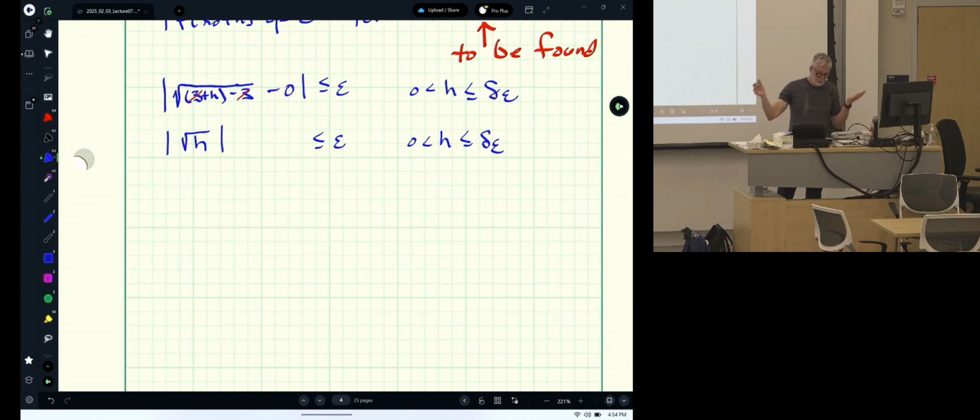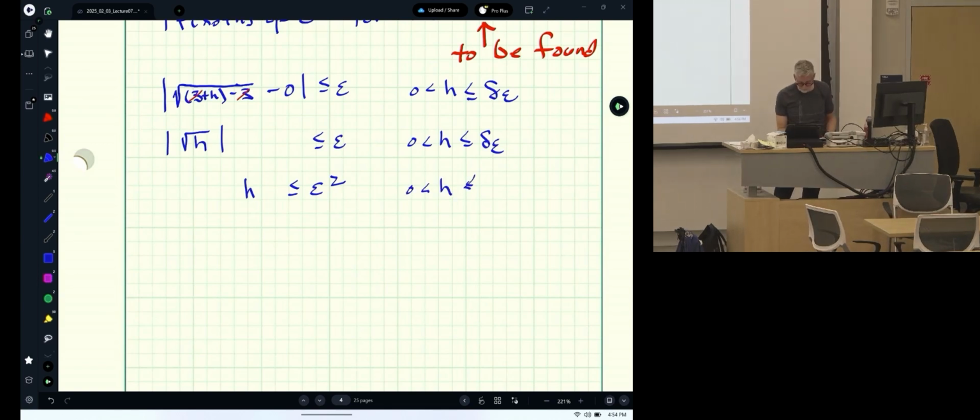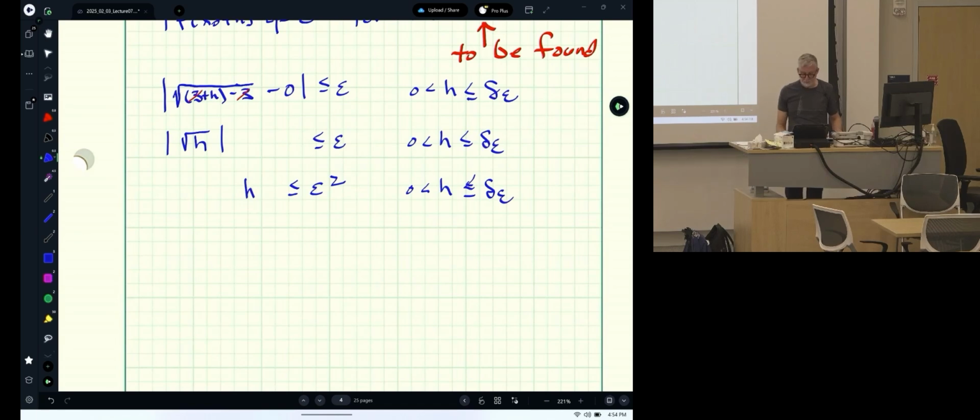I'm going to square both sides to remove the square root. And squaring is a monotonic function, so the inequality stays the same. And so now we know delta epsilon.